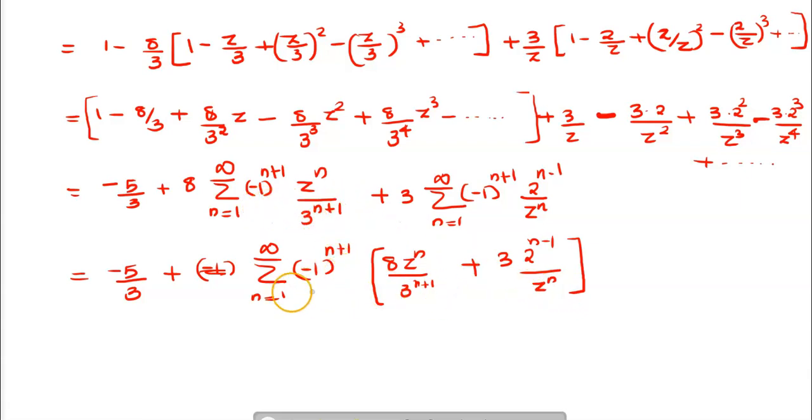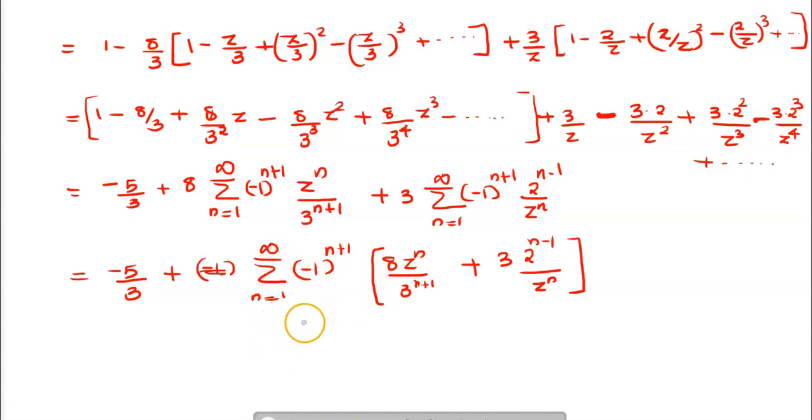We can write as, take minus 1 raised to n plus 1 common, and 8 z raised to n by 3 raised to n plus 1, plus 3 into 2 raised to n minus 1 by z raised to n. N is starting from 1 to infinity.